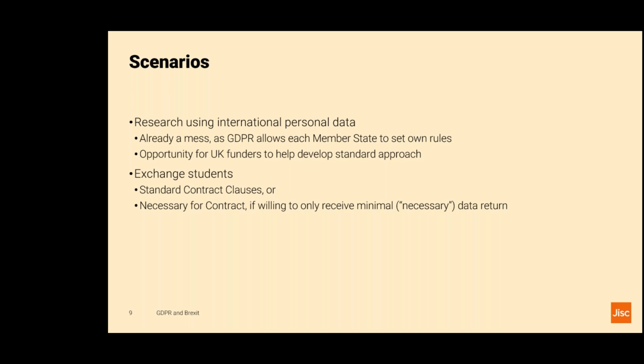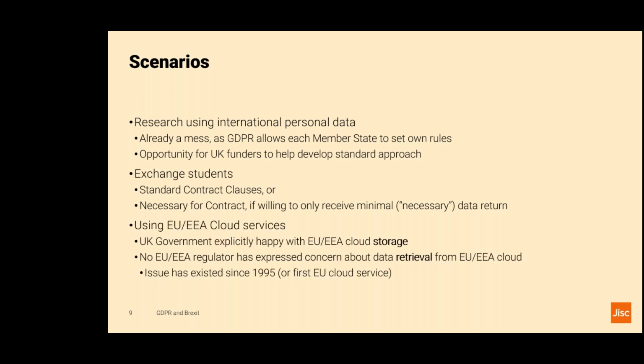If you rely on necessary for contract with the student, so you are teaching a student a course that involves some overseas study, you may not get much data back from the institution that you send them to, because they will be pushing on the word necessary in that situation.